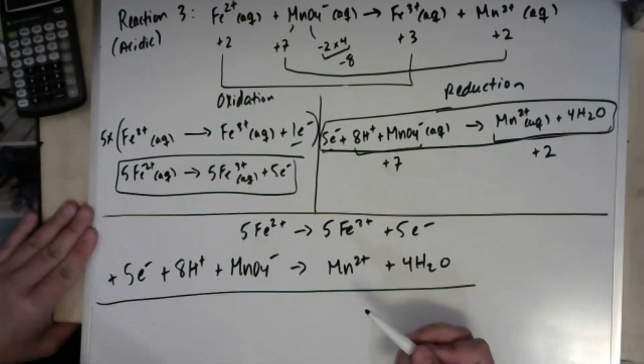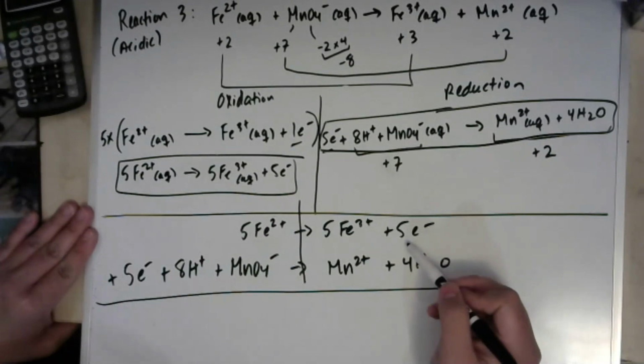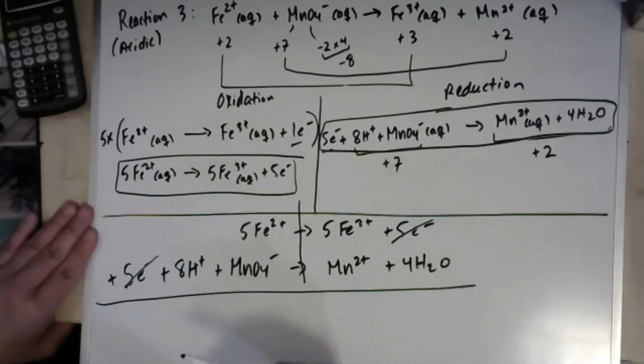Now we're going to cancel things out that fall on opposite sides of the arrows. I've got 5 electrons here and 5 electrons here. Those cancel. Nothing else cancels out here, so everything else is going to come down.